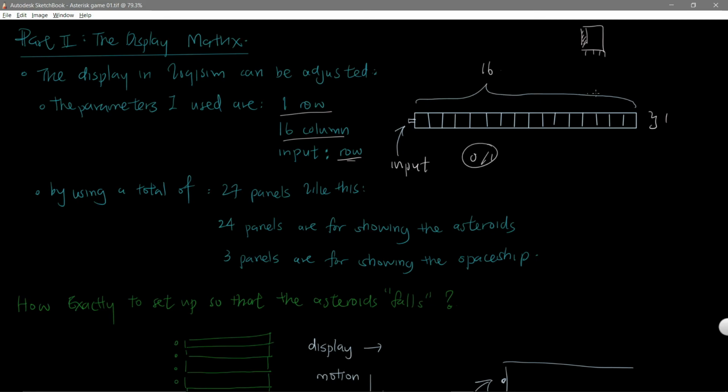You see we have a total of 16 columns here. We are trying to input 16 bits of information, 16 bits of zeros and ones. So what we are going to do here is introduce a new part, called the splitter.